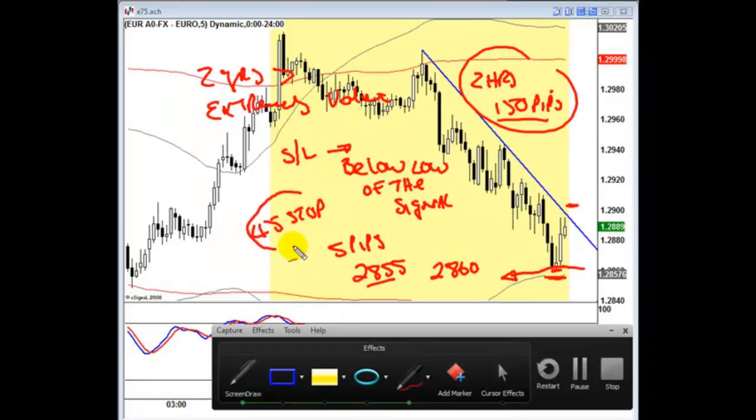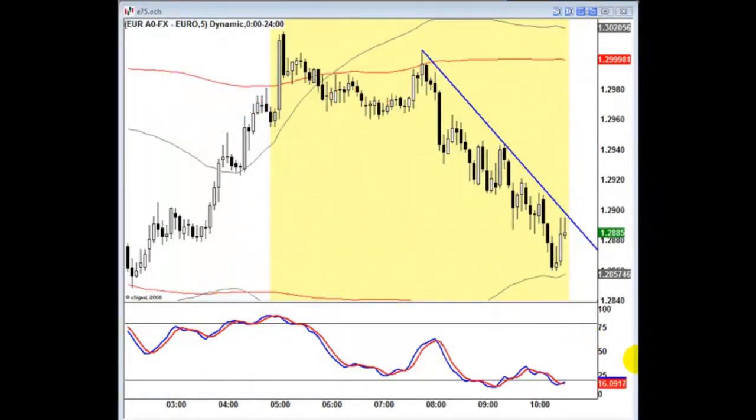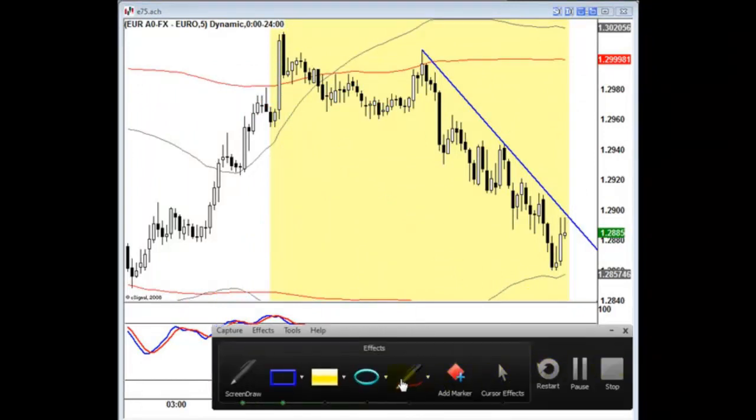And why am I pointing out 45 pips? Well, there we are, back live again. Because I want my stop loss generally to be 30 pips or less. Stop loss 30 pips or less.